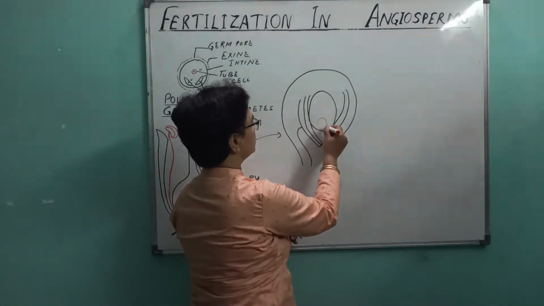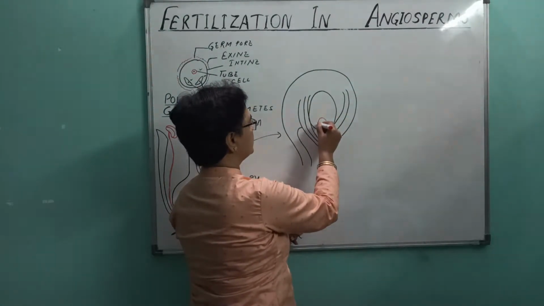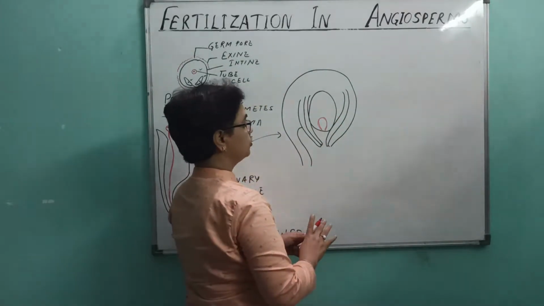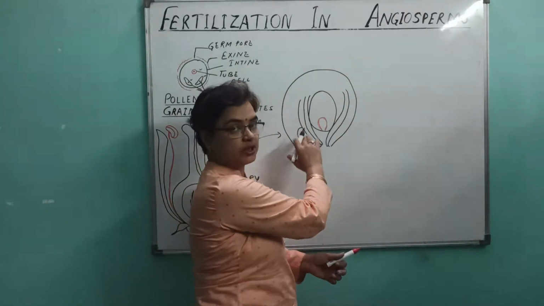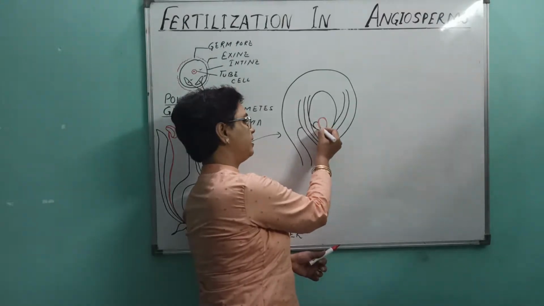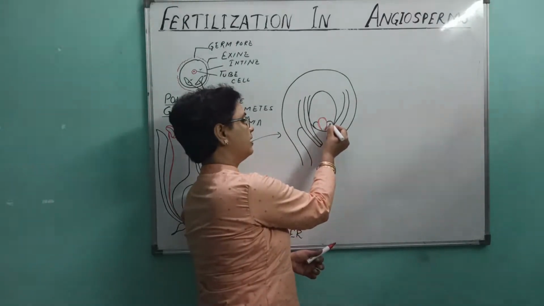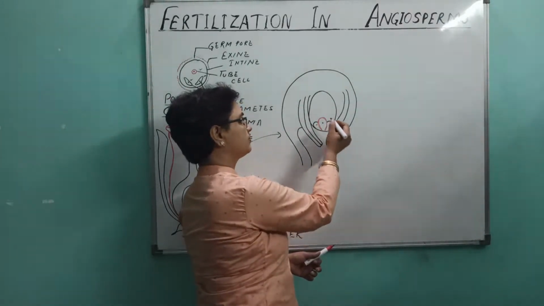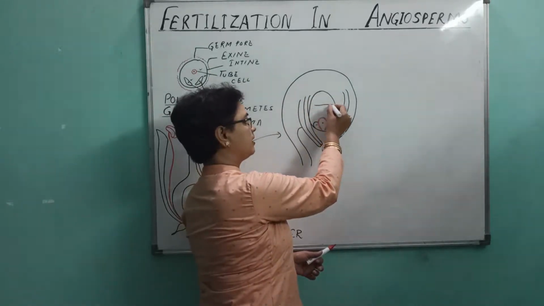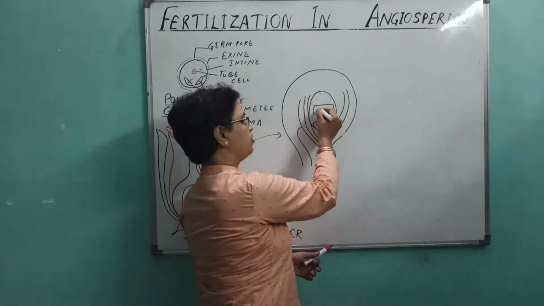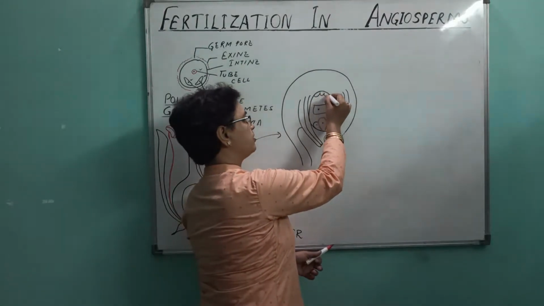So this is the egg cell, with two synergids towards both sides, that means this side and this side. And the cells have a nucleus. Inside this embryo sac, a bigger cell is also there with two nuclei, and of course the antipodals.